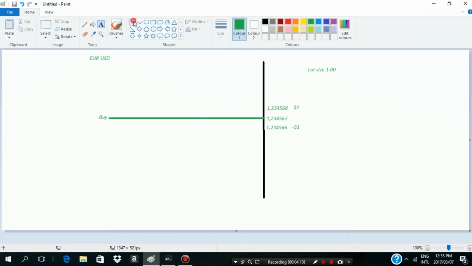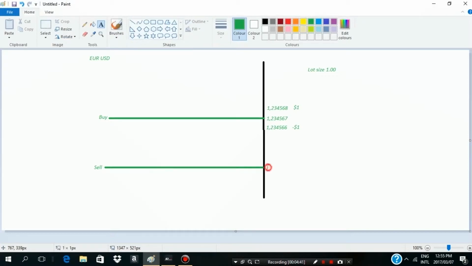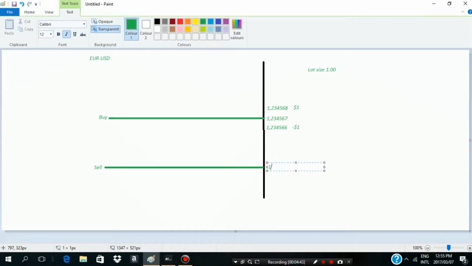Now, the opposite applies to selling. So, if we place a sell trade, and our sell trade is at 1, 2, 3, 4, 5, 6, 7.